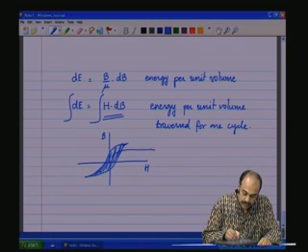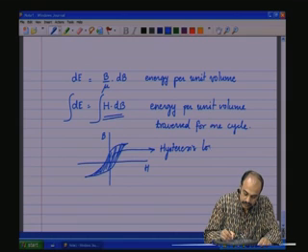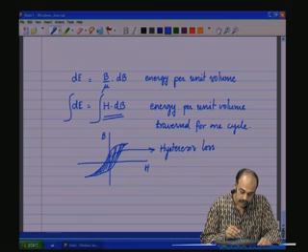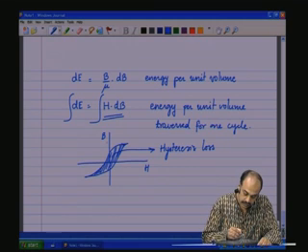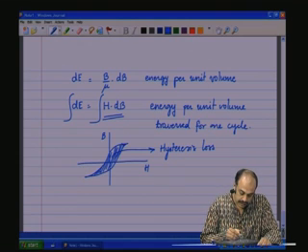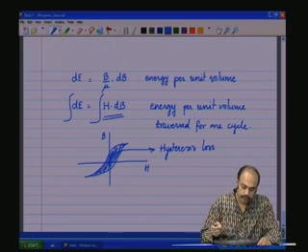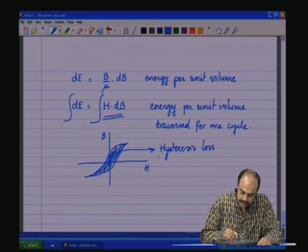That is called the hysteresis loss. So, as B is varied, the hysteresis curve is traversed. The integral of H dot dB would mean this area, and this energy is lost forever and does not go to the output, and therefore, this is called the hysteresis loss.